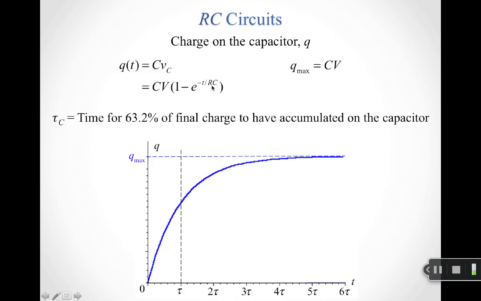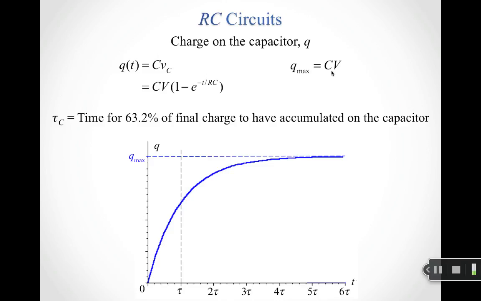What I notice is, as t gets really large, this exponential term basically becomes 0, and so I'm left with just CV. That's the expression for the maximum charge on the capacitor plates.